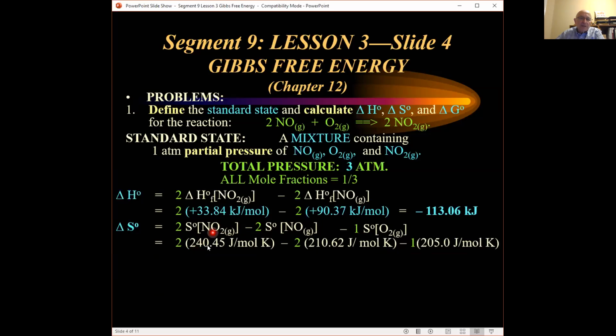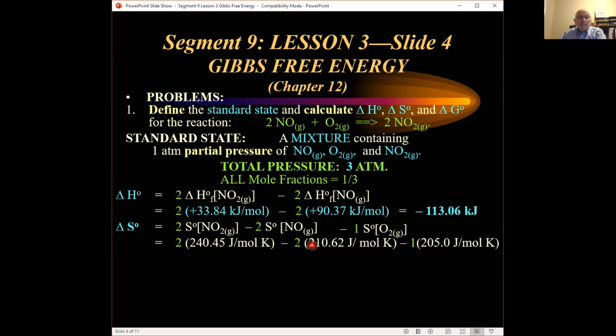The entropies now, be careful, they're given as joules per mole per Kelvin. The unit on entropy is Q, joules, divided by T, temperature, degrees K. So for NO2, it's 240.45 joules per mole per Kelvin times 2 moles, would give me joules per Kelvin.